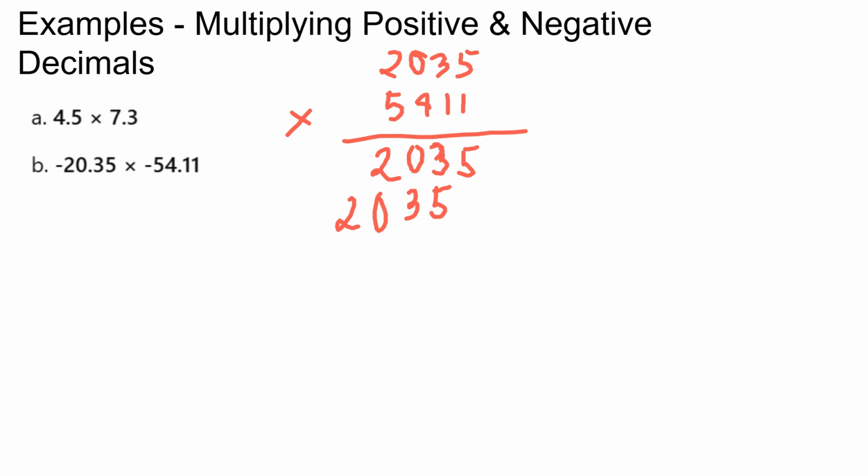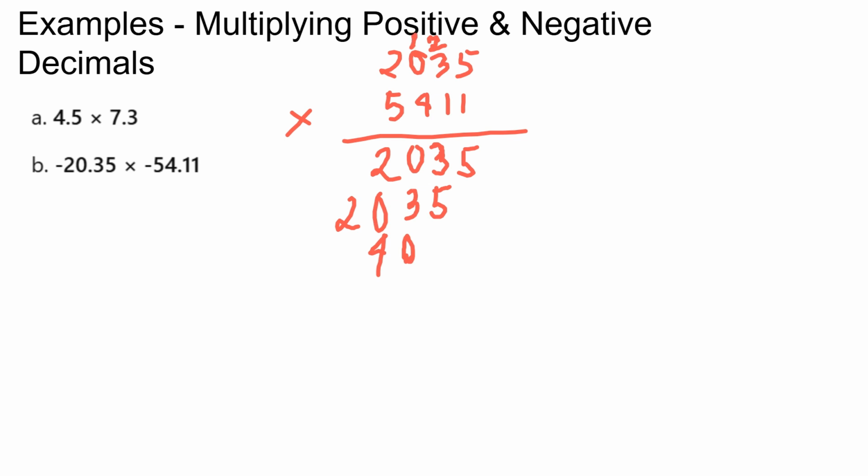Now 4 times 5. 4 times 5 is 20, so write 0 and carry 2. Then 4 times 3 is 12, plus 2 is 14. Write 4 and carry 1.